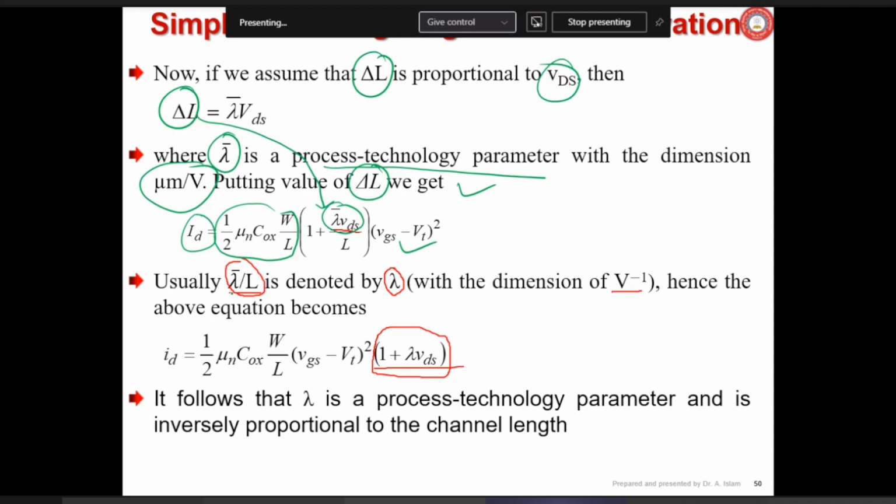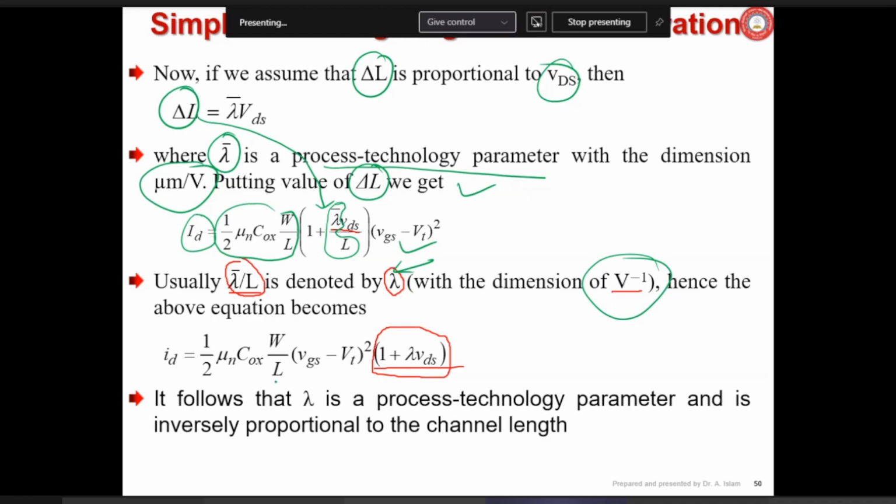Usually this 2 lambda bar by L is denoted by lambda, with the dimension volt inverse.